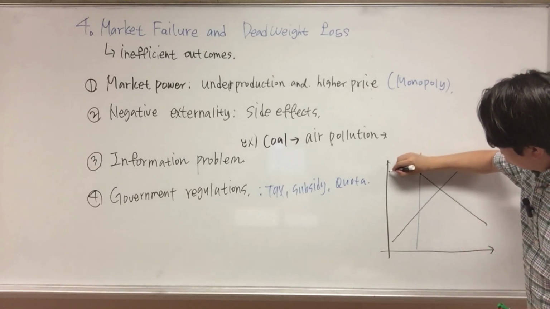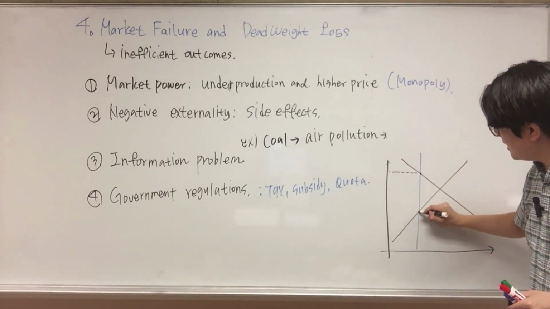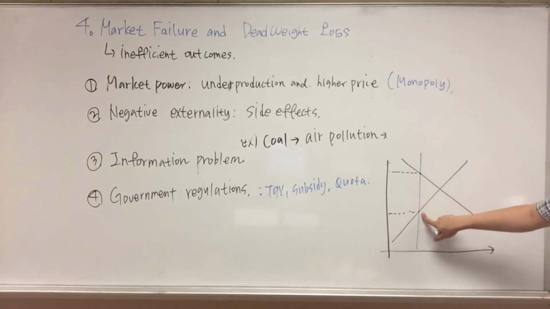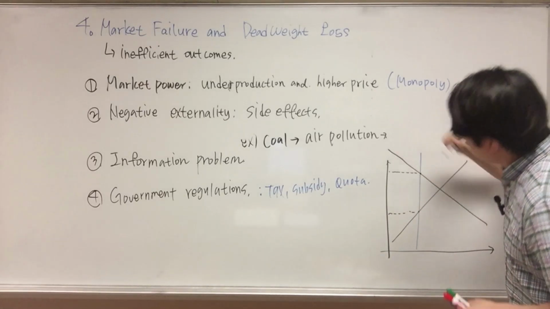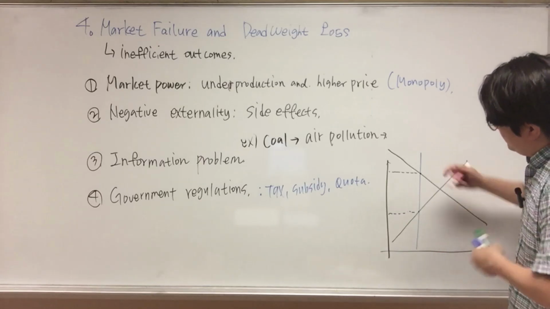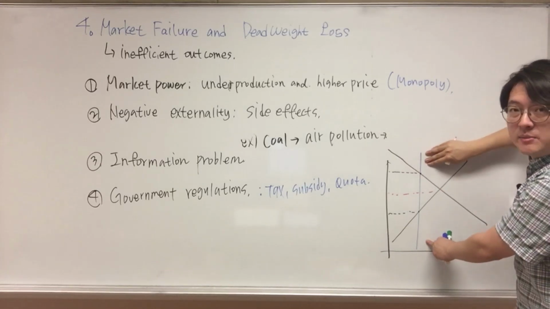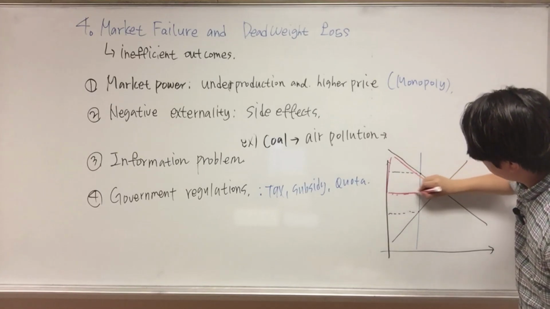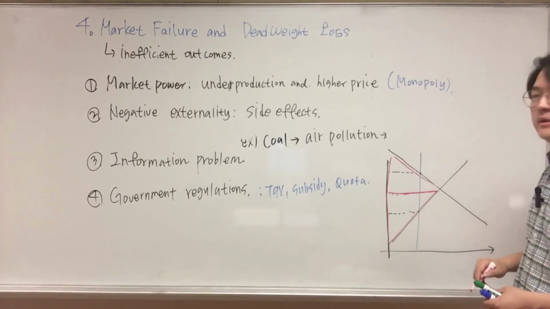Consumers would like to pay up to this price, and sellers would like to sell above this price, right? So if we think about economic surplus, okay, at first, without this kind of quota, we have the consumer surplus of this amount, right? At the same time, we have producer surplus of this amount, right?